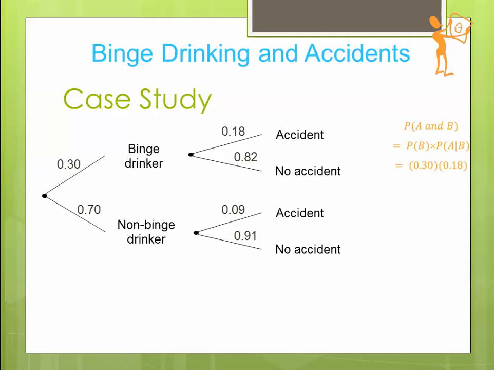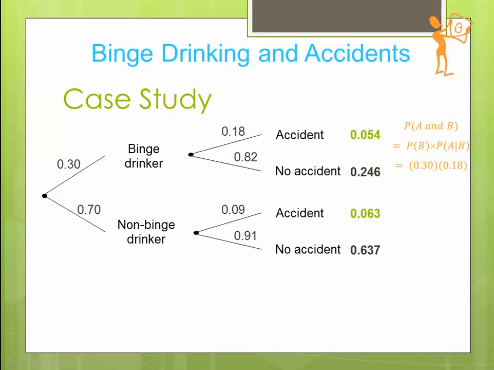Two segments on each branch. And then what we're going to do is this over here. We're going to multiply across our segments. So we're going to multiply 0.30 times 0.18 and get 0.054. We're going to keep doing this all the way down, and we're going to get each of these probabilities.